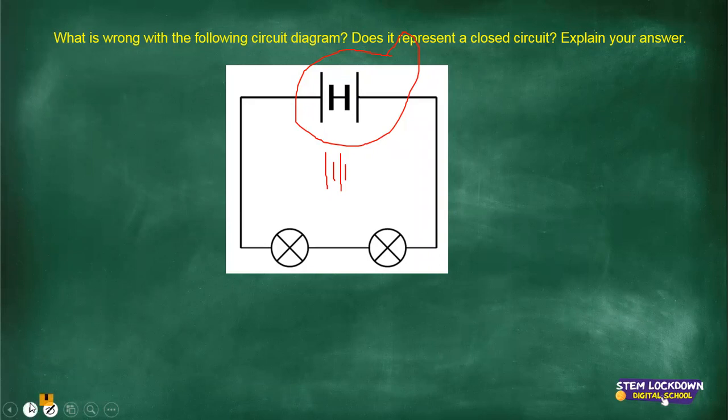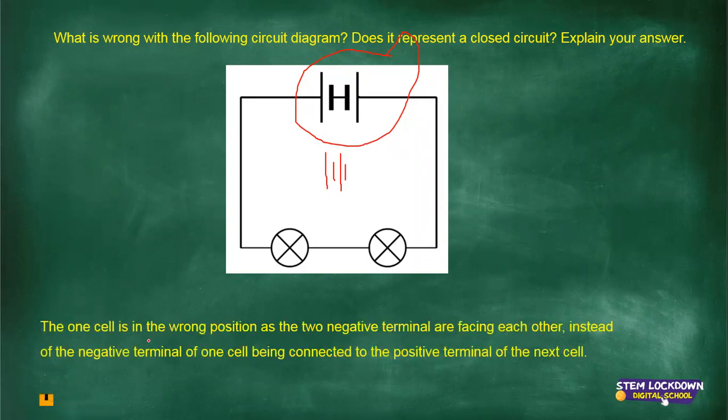Right. So now we say one cell is in the wrong position as 2 negative terminals are facing each other. You saw here the 2 negative terminals are facing each other, instead of a negative terminal of one cell being connected to a positive terminal of the next cell.